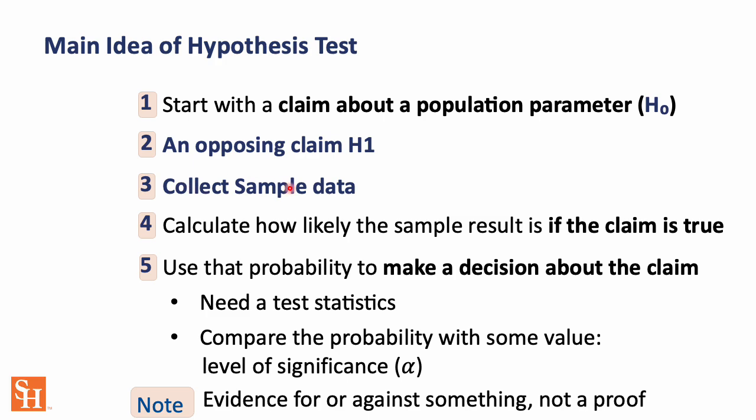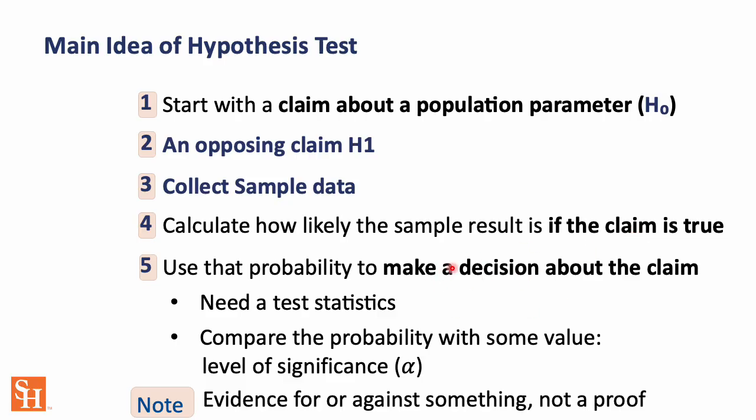Then we calculate how likely the sample result is if the claim is true. So based on the sample, we calculate how likely the result from the sample is if the claim is true. And then we use the probability to make a decision about the claim, whether the claim is true or false.